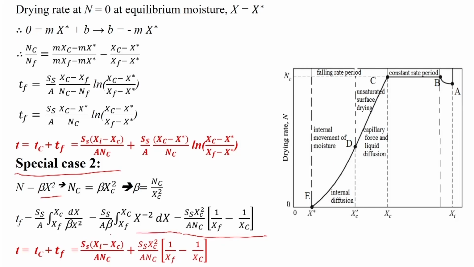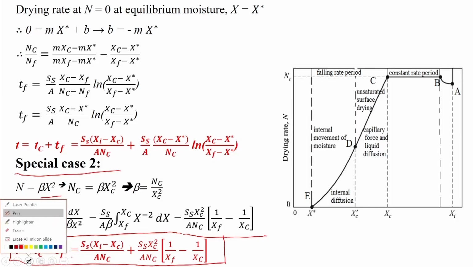Then the total drying time will be T, the constant rate period plus Tf, the falling rate period. That will be Ss by A Nc into Xi minus Xc plus Ss by A Nc into Xc square into 1 by Xf minus 1 by Xc.